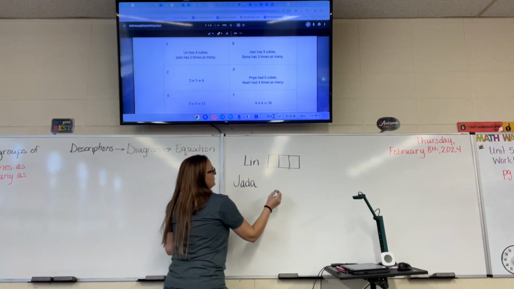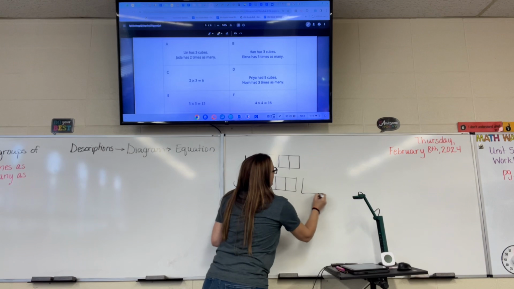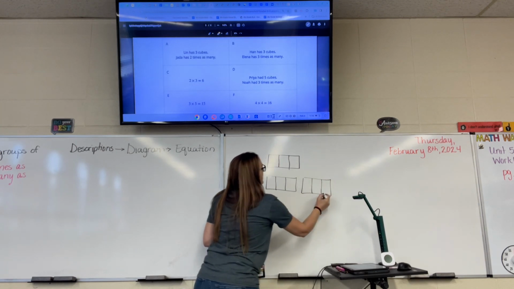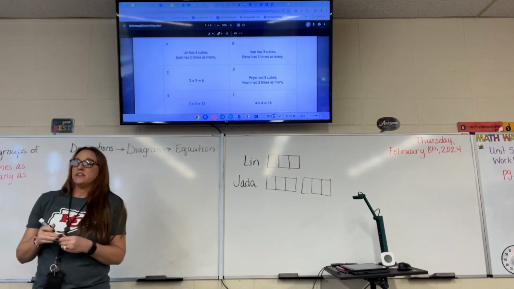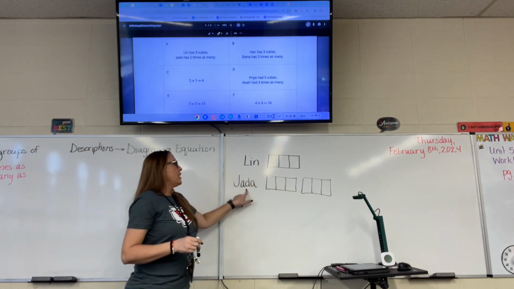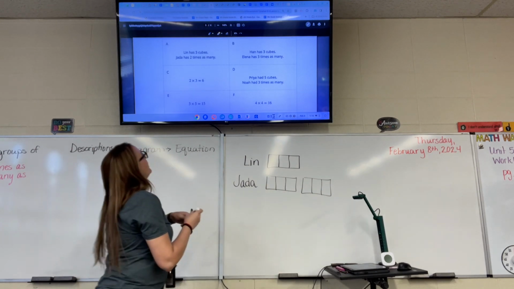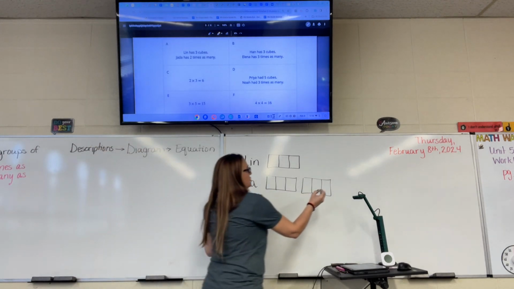So Jada has how many groups of 3? 2. Does that show what the description is? Yes. Lynn has 3. Jada has 2 times as many as 3. So altogether, how many does Jada have?